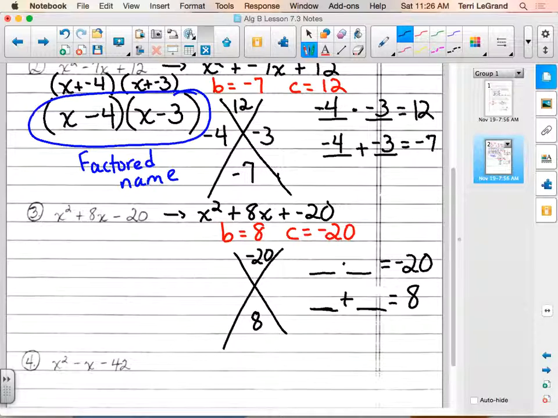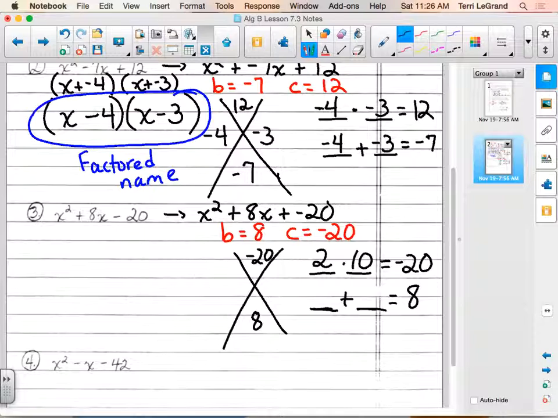Are the 1 and 20? Are the 2 and 10? Or are the 4 and 5? The 2 and 10 are 8 units of distance apart. So we're going to have a 2, we're going to have a 10, but we got to decide which one should be negative so that when you add them together, you'll end up at positive 8.